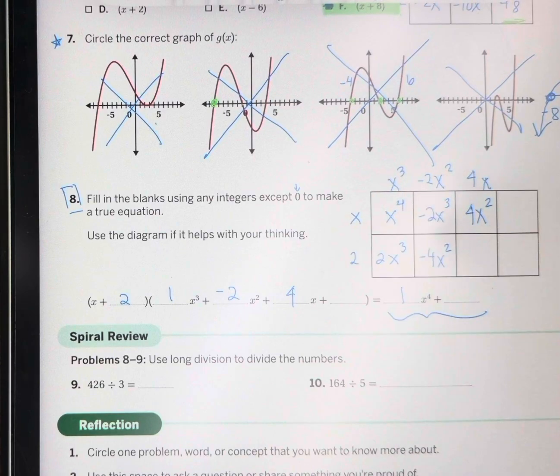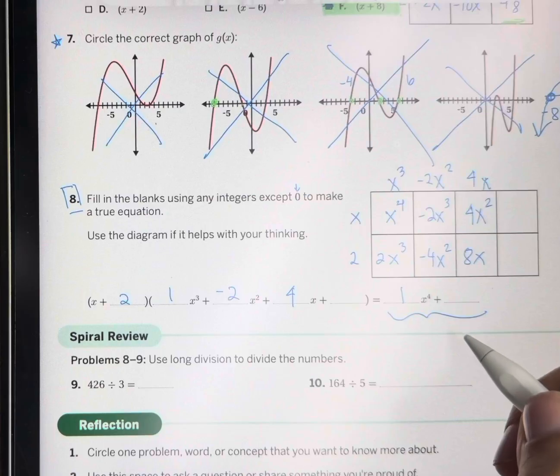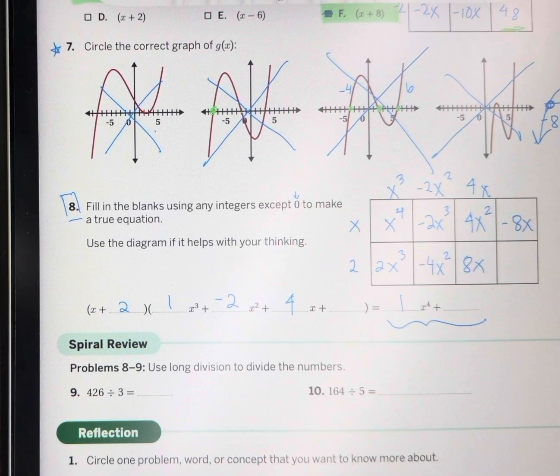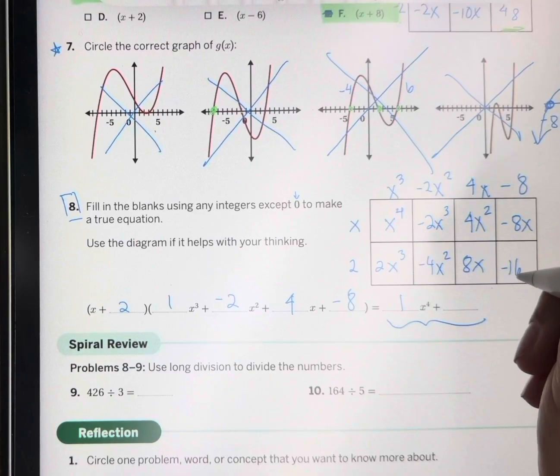And then 4x times 2 becomes 8x. But there's no x term in my final answer. So I need this to be a negative 8x to cancel that out. And if that's a negative 8x, then this is a negative 8. So this is a negative 8. And then negative 8 times 2 is a negative 16.